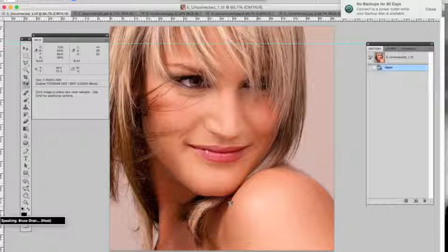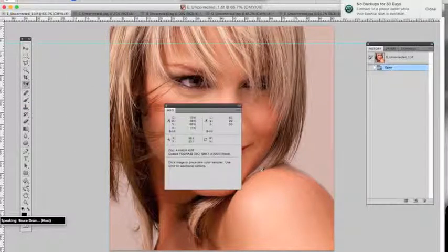So we have the pretty girl. Our first instinct might be that she looks too yellowy or too red. But when we take a look with our pipette and our info, we see that there's very, very little cyan in the skin.